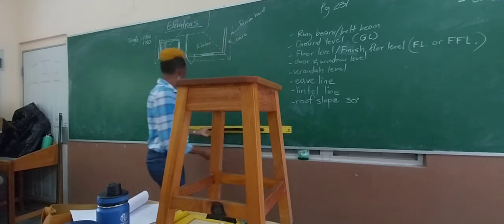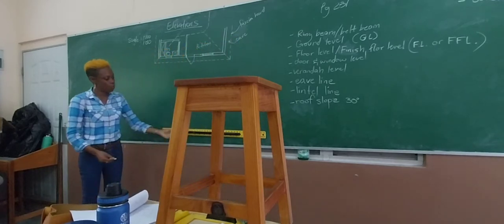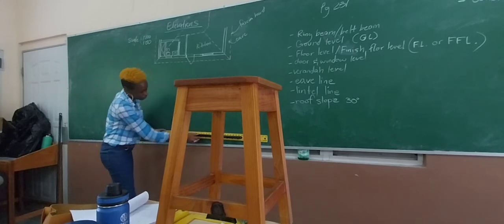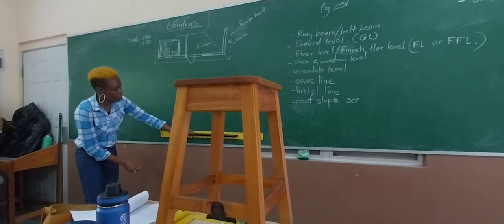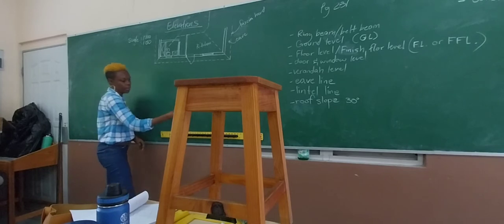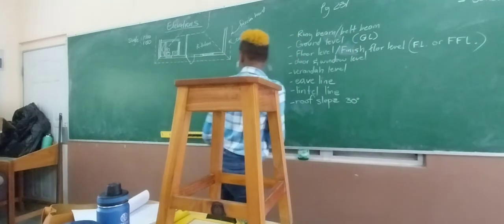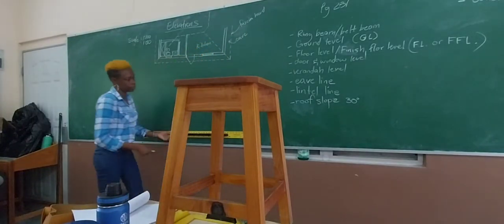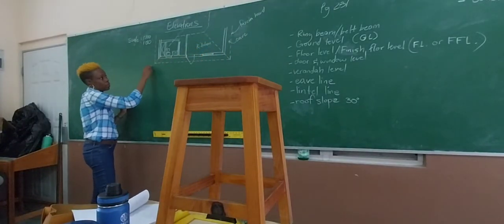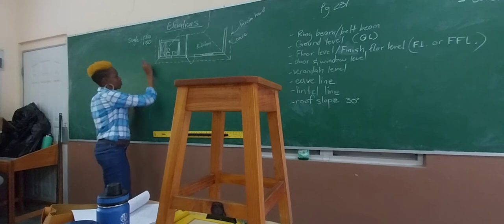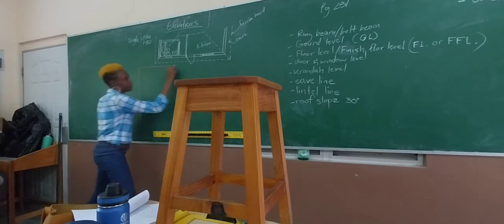Now when you're doing elevation, you must start off with a ground level. So draw a horizontal line at the bottom that will represent your ground level, on the second drawing sheet of paper.